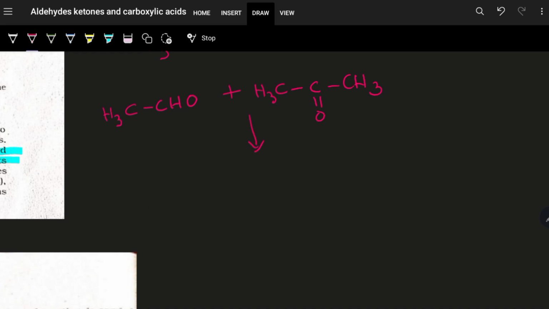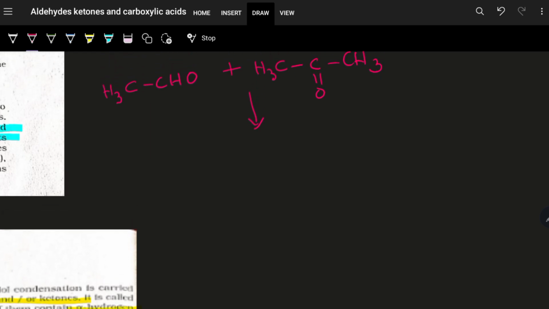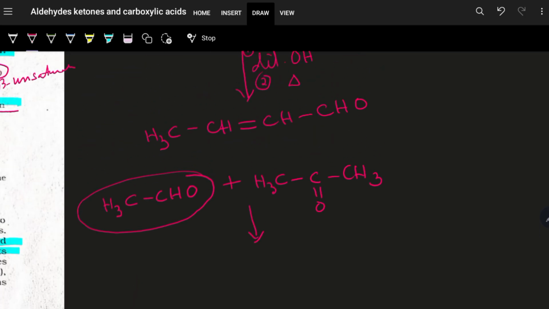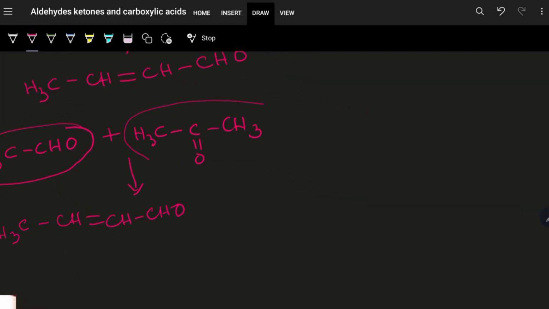So first you will get, 2 moles of this aldehyde will give you this compound, the same thing which I have shown you just now: CH3CH double bonded CHCHO. 2 moles of this will give you another compound.